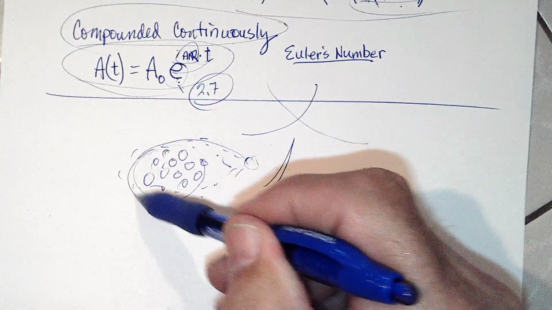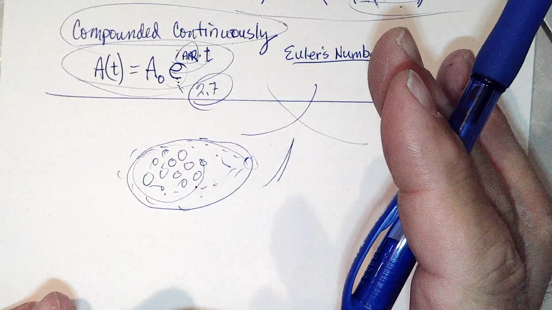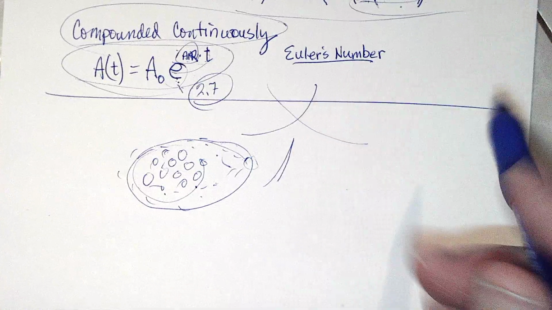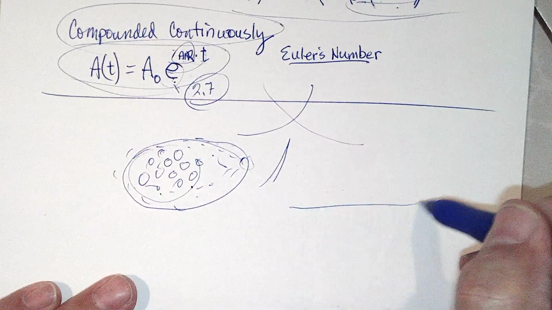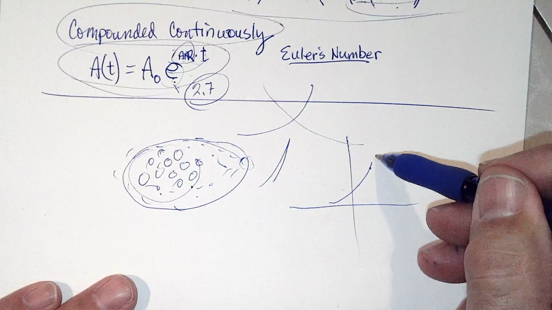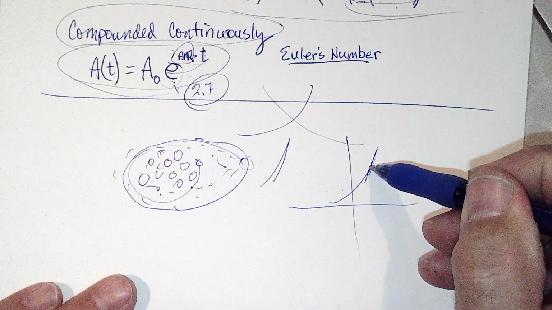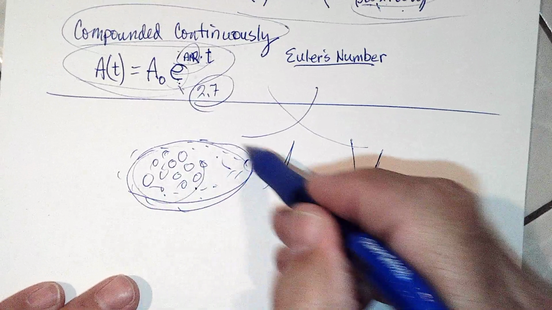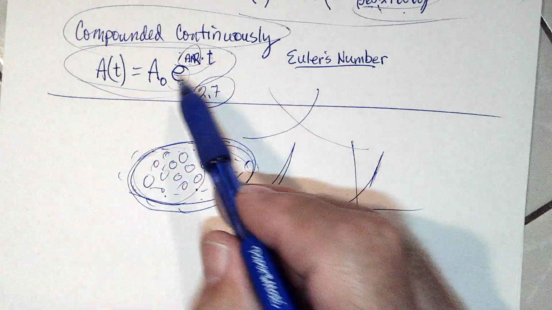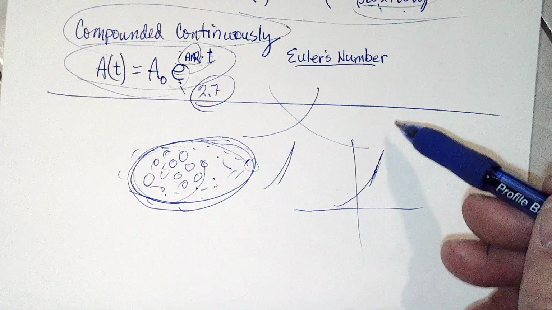So the rate of growth of a community depends on how many people are in the community. Just like the height of the curve also predicts how fast it's changing. And e is a good model of a curve where the height also reflects how fast it's changing, the slope.